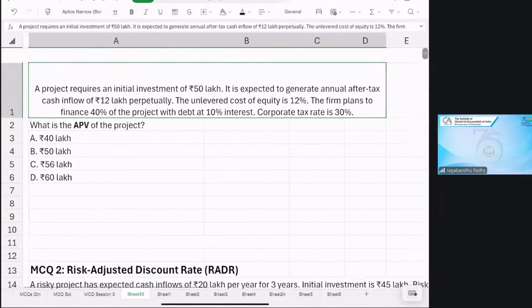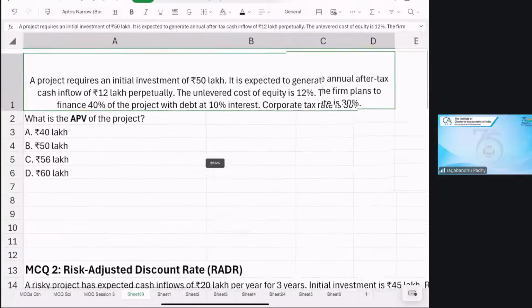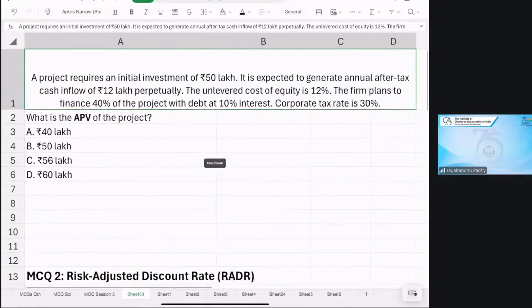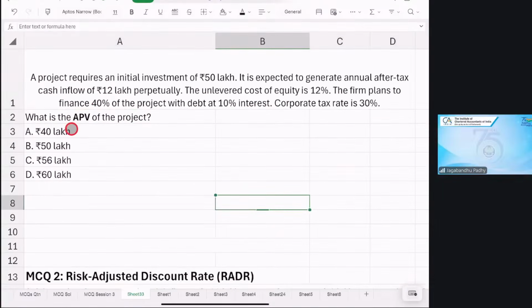Can you answer this first one? The first one, which is the correct option? Calculate and give me the answer.